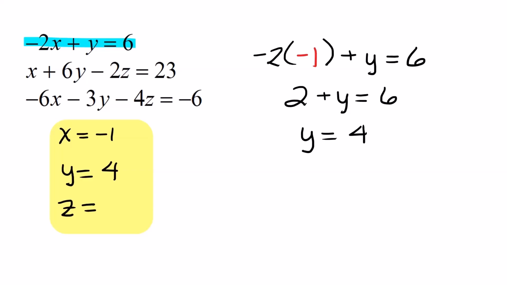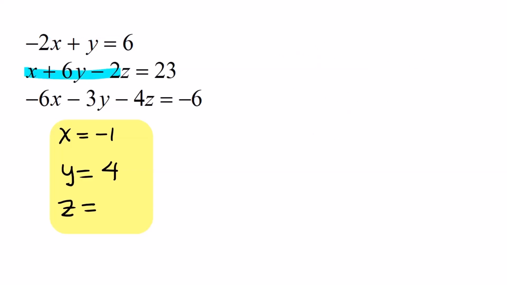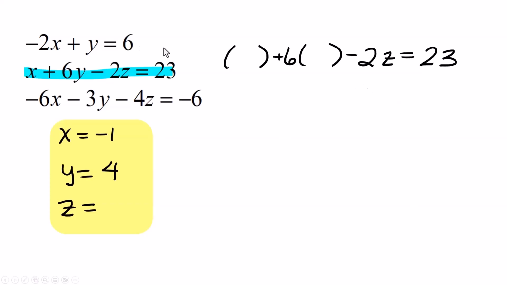So then you're going to take the x and the y that you know, and you're going to plug them into an equation and solve for the z. It doesn't matter which one you use, but you've got to use one of the other ones. This one doesn't even have a z in it. Okay, so x we know is negative 1, and the z we don't know.